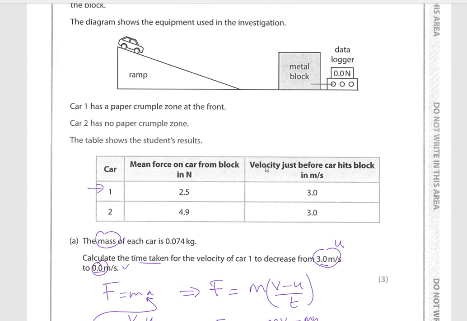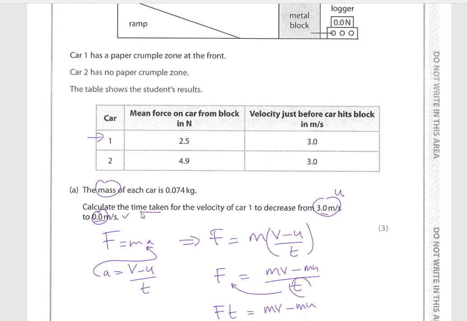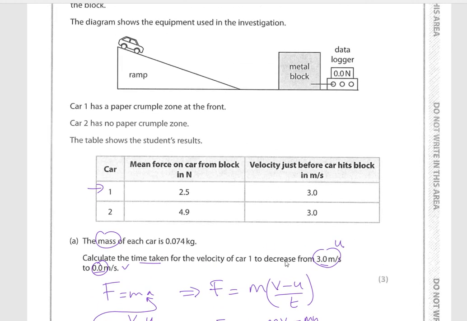So the velocity just before the car hits the block, in meters per second. Good. Now calculate the time for the velocity of the first car to decrease from this to 0.